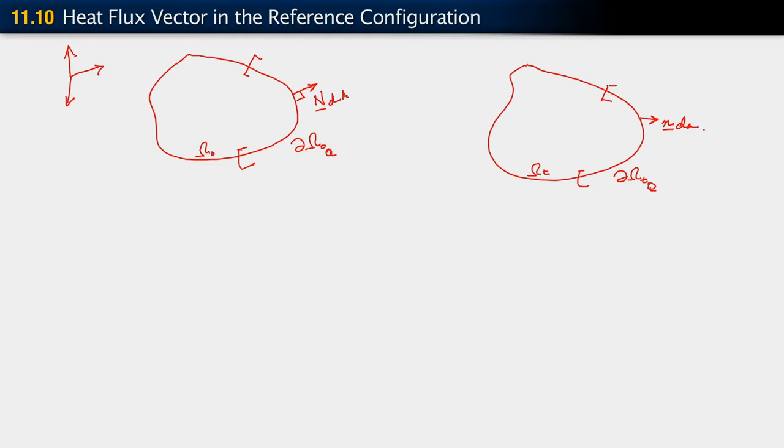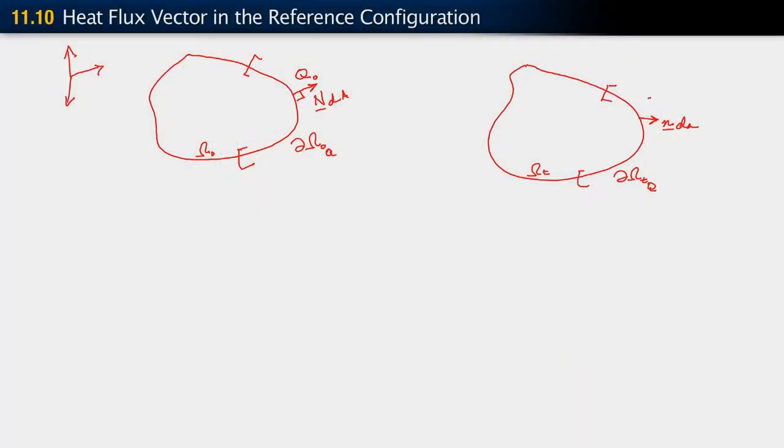What we want to say is that we are controlling the total amount of heat influx here, and let me denote that by just writing the letter Q naught here. So that is the total amount of heat that we are putting into the body over that area vector capital N dA in the reference configuration.